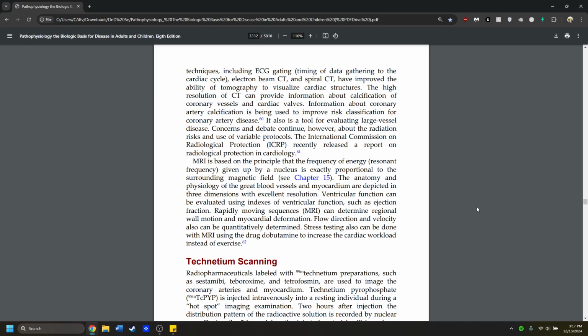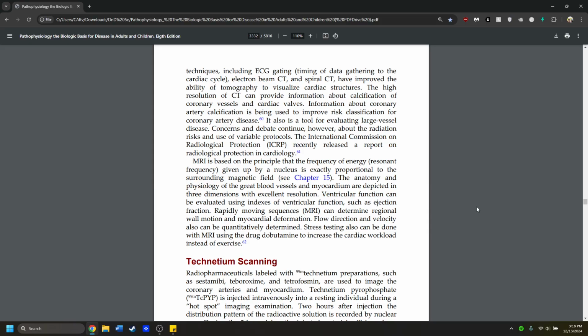It also is a tool for evaluating large vessel disease. Concerns and debate continue, however, about the radiation risk and use of variable protocols. The International Commission on Radiological Protection recently released a report on radiological protection in cardiology, but it doesn't say what it said. Classic.